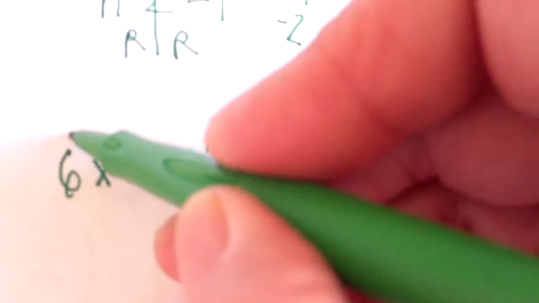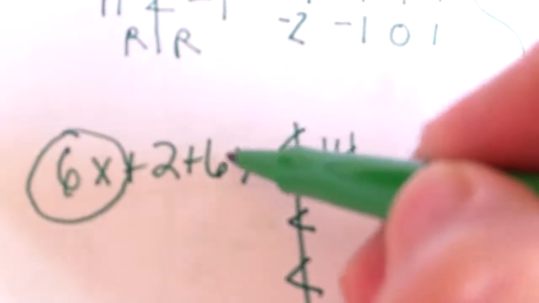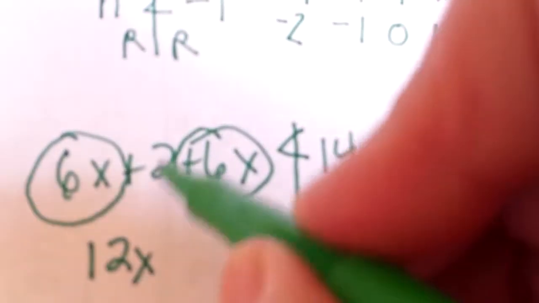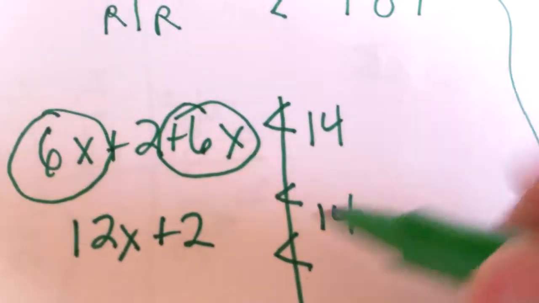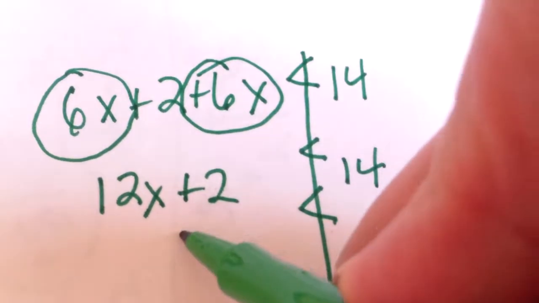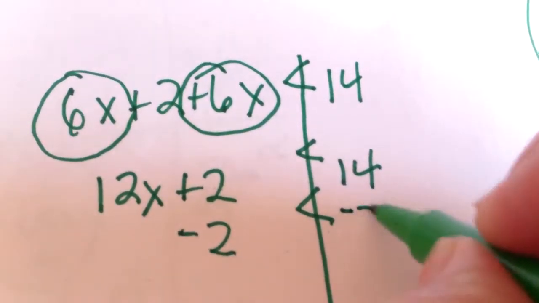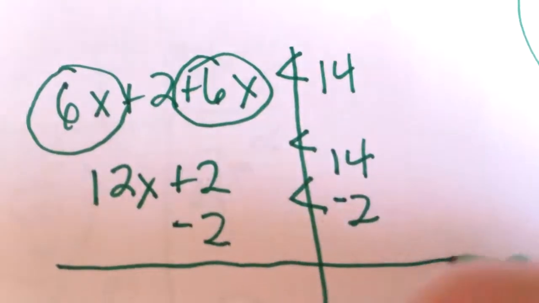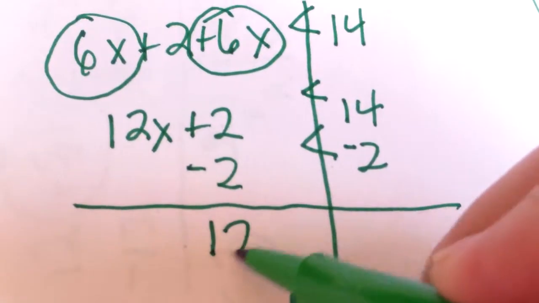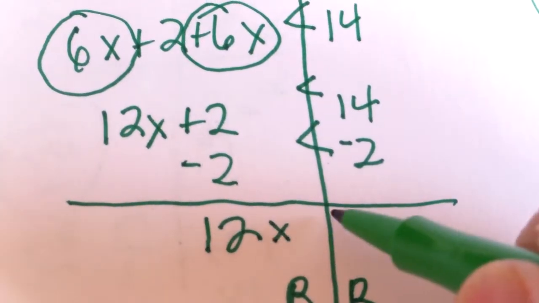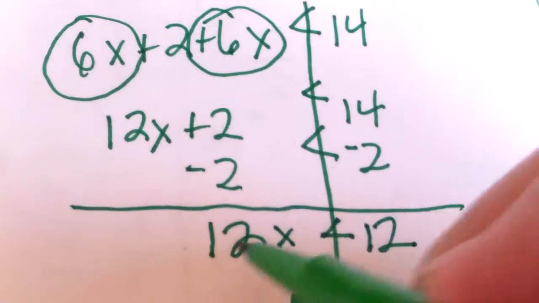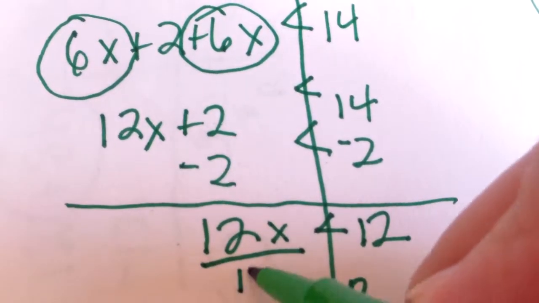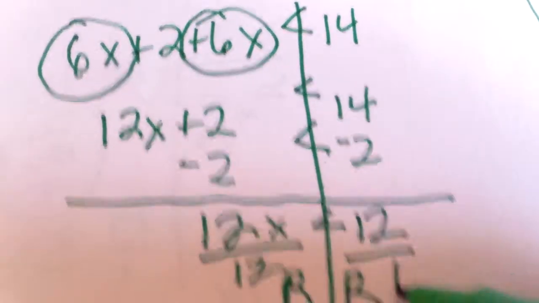I need to combine this with this, and I get 12 positive x's, and I'm going to bring down my positive 2 is less than 14. I want 12x alone, so I'm going to subtract 2 from both sides. The 2's cancel out. 12x is less than 14 minus 2 is 12. If I divide both sides by 12, I get x is less than 1.